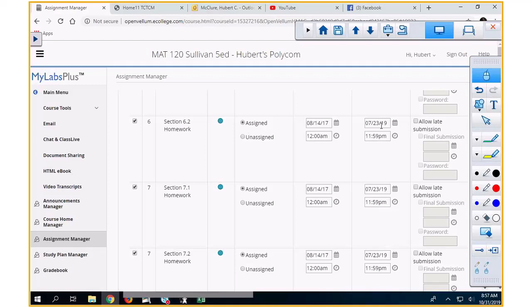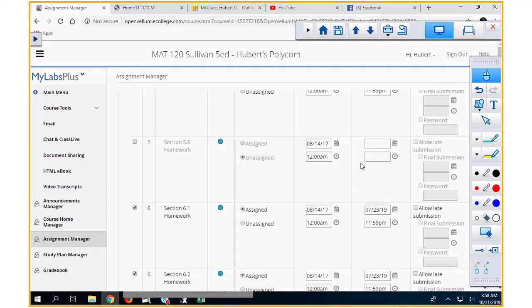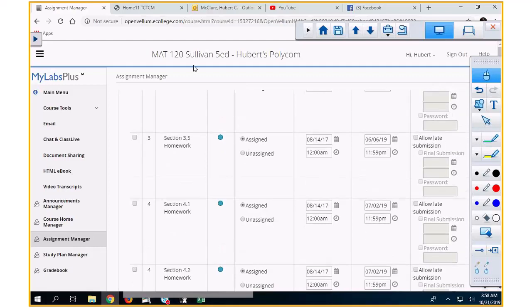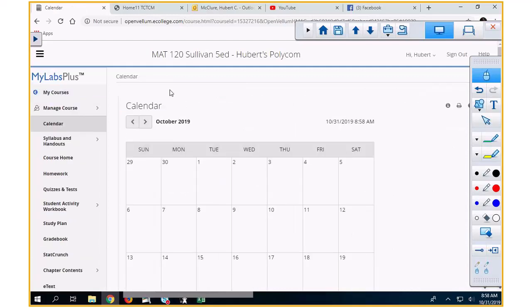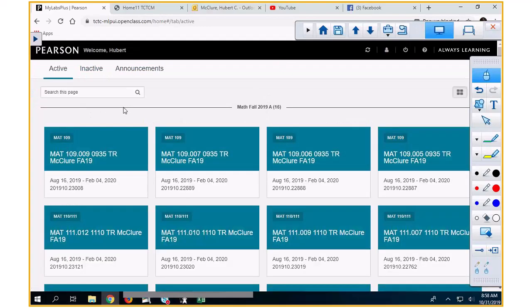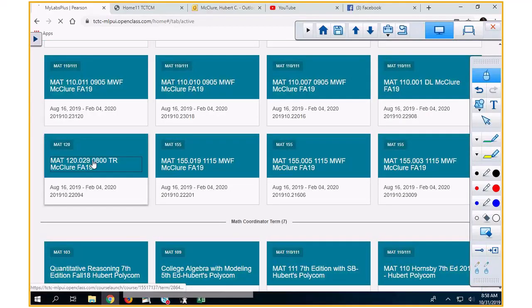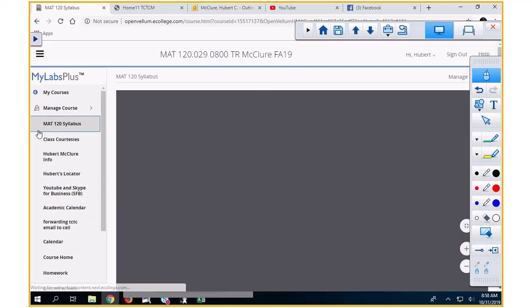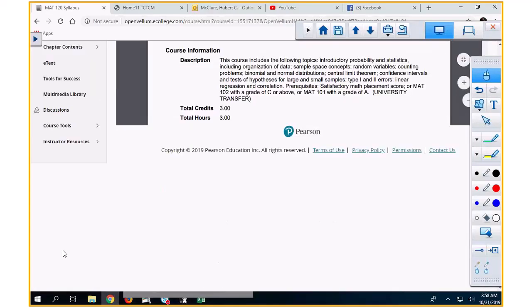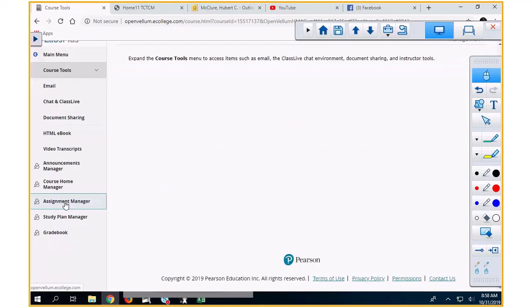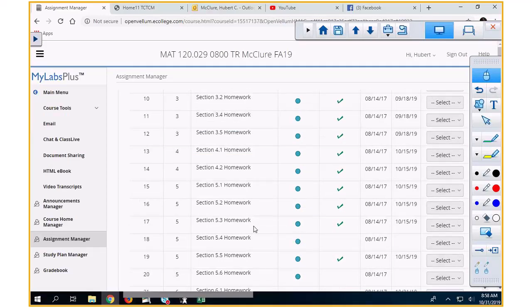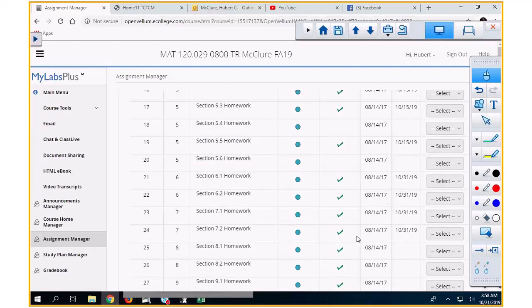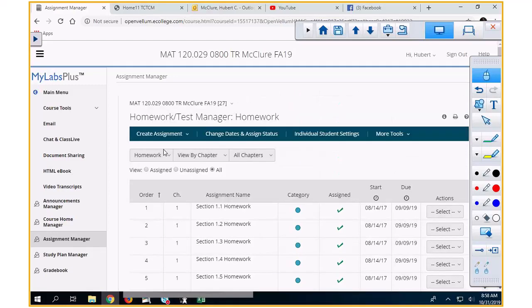That says 7:23. Ours says due tonight, at midnight. Are you in the right class? Yeah, you're right. That's why. I'm sorry, I'm in the coordinator class. Let me go back to the original class. There we go. It's probably already set then. I set it at home. I'm sorry. I thought it looked kind of odd. Let's check it and make sure. Okay, yeah, it's due tonight. Good. Okay, now let me look at the test.